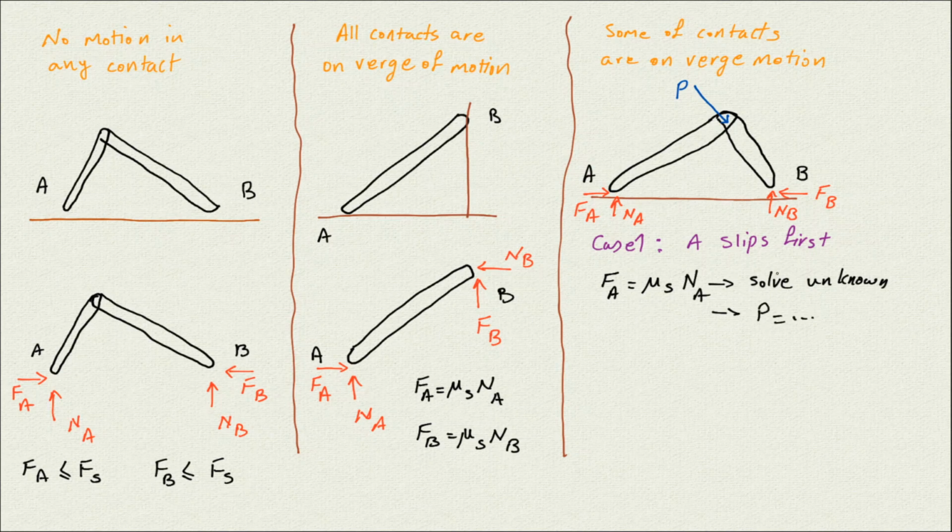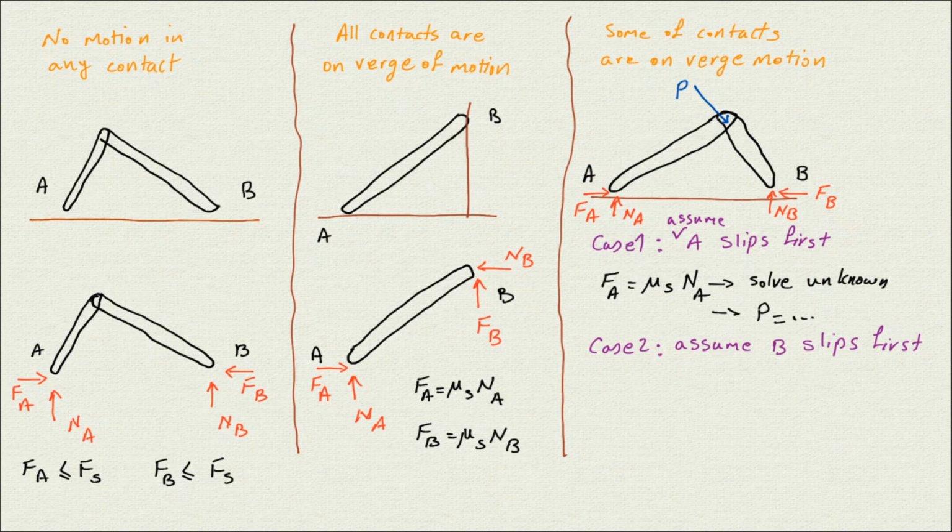Then for the second case that we want to do, we assume B slips first. In the first case we assumed A slips first, and in the second case we assume B slips first.